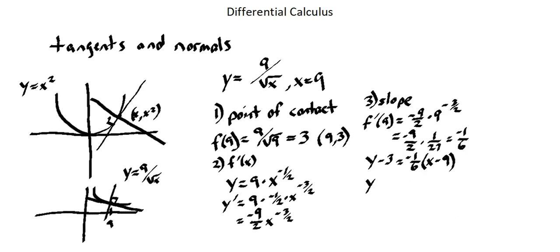Simplifying to slope-intercept, or gradient-intercept, format, I have y equals negative 1/6 times x, plus 9/6, which is negative 1/6 times negative 9, plus 3.